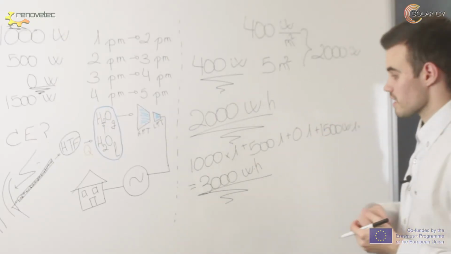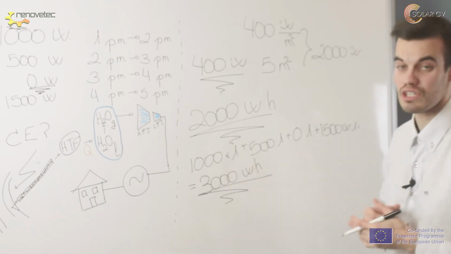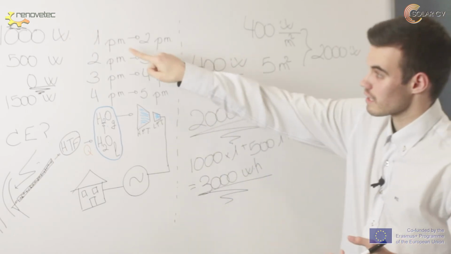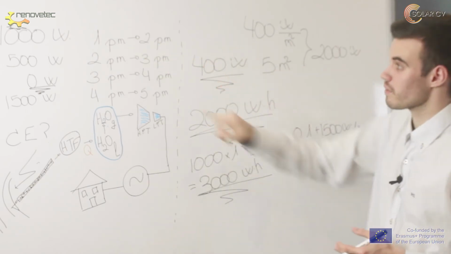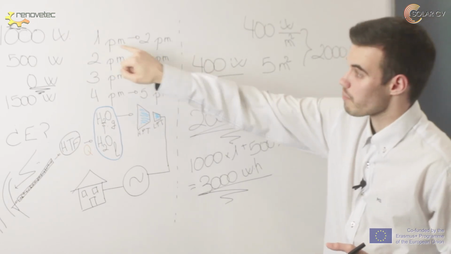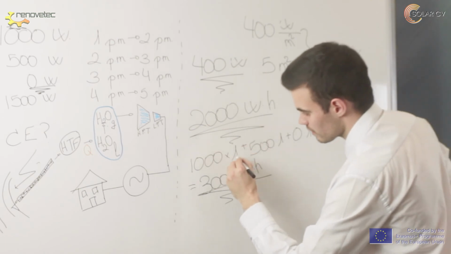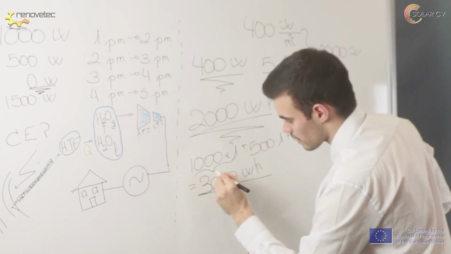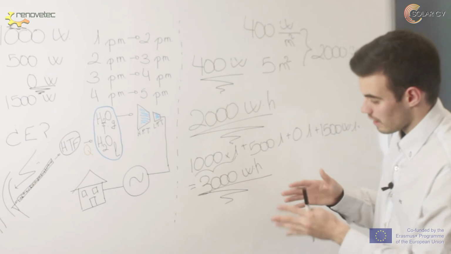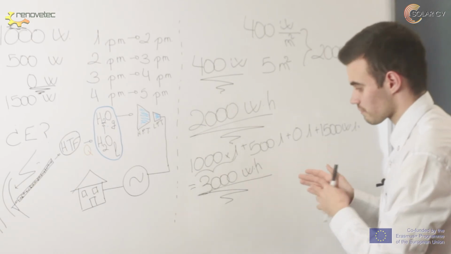Although you can imagine that this energy has been obtained in 4 hours, and that's true because this is from 1 p.m. to 5 p.m. Really, this term has units like watt-hours.